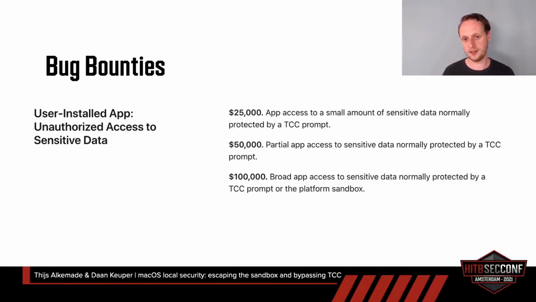And you can see the TCC vulnerabilities are up to $100,000, which implies that they really believe in the implementation of TCC and its effectiveness in protecting their users' data. So this was all about the internals of macOS and how it tries to protect the data from its user. I'm going to hand over the rest of the presentation to Thijs. He will talk about some of the research we have done and the vulnerabilities we have found. So Thijs, you're up.